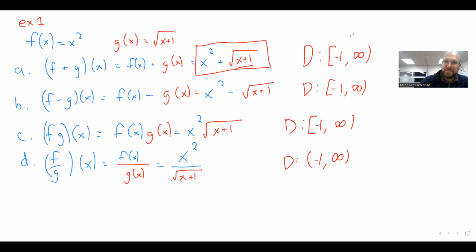The last one they show us is g times g. What does that mean? It means g of x times g of x. Could also be thought of as g of x squared.